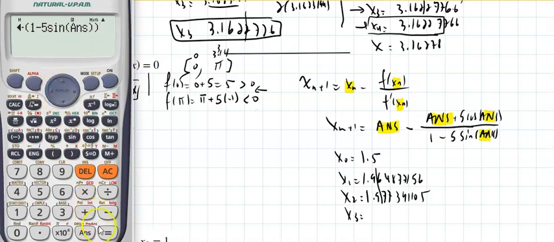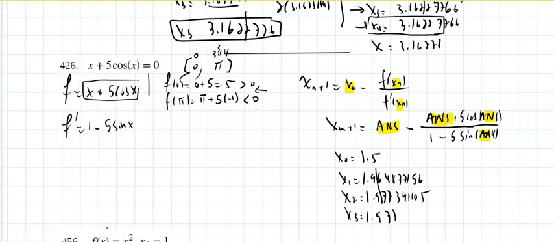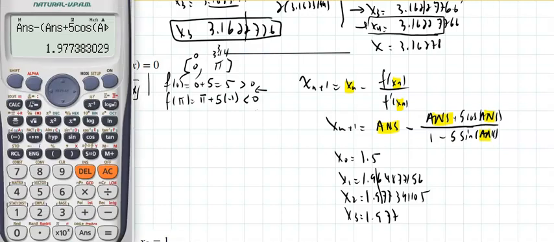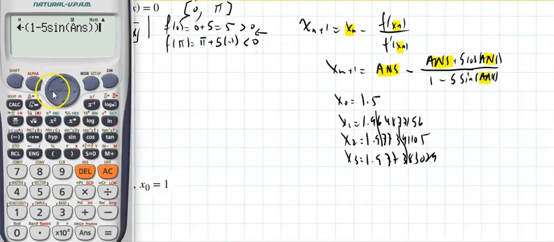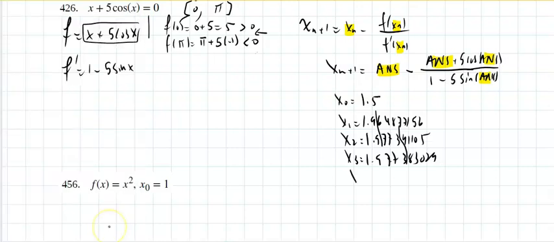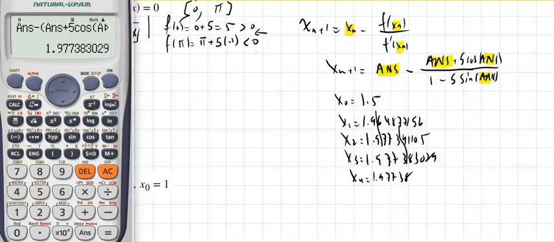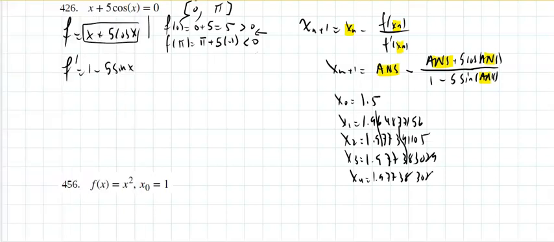You don't know what that means if you ever took discrete math or computer programming. 1.977383029. So this is accurate now to how many decimals? 1, 2, 3, 4. One more. If I go 4 iterations, that should do it. 1.977383029. So it took 4 iterations to get to where I wanted.